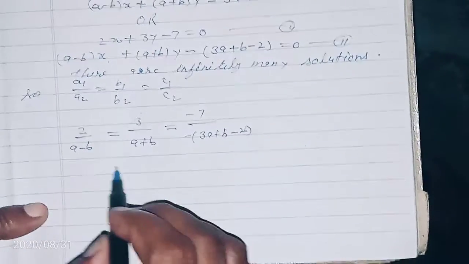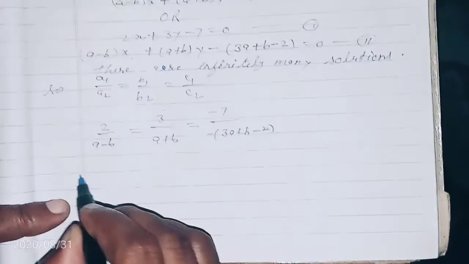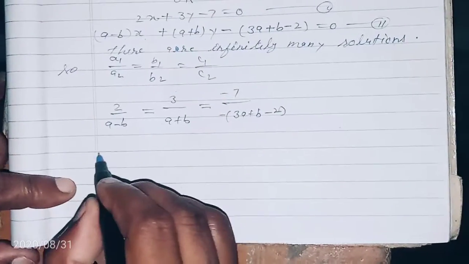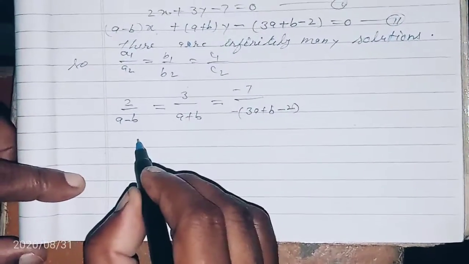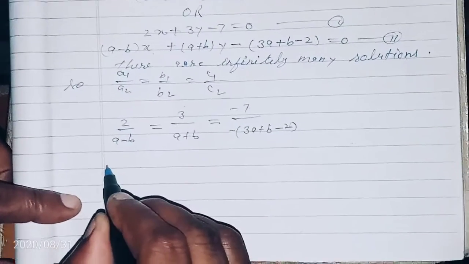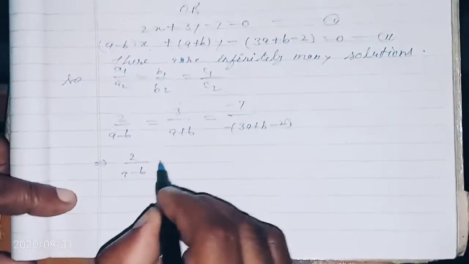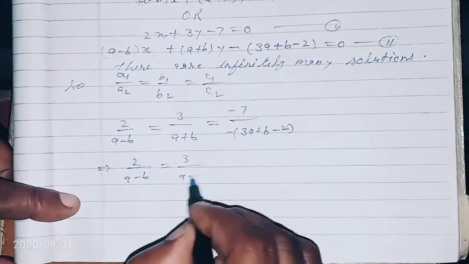Taking the first and second ratios, 2 upon a minus b is equal to 3 upon a plus b.